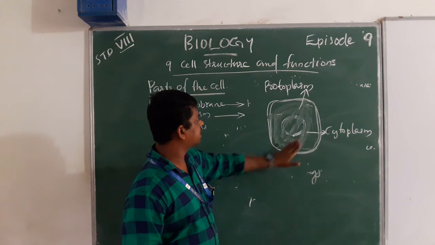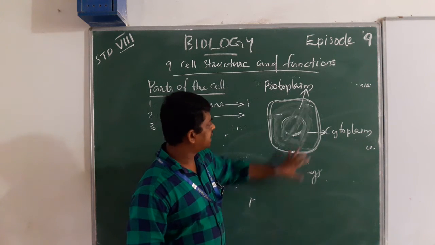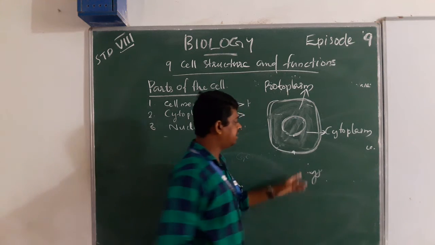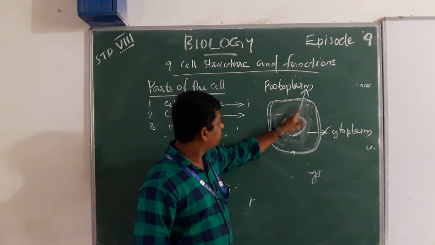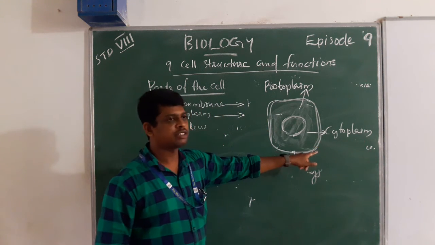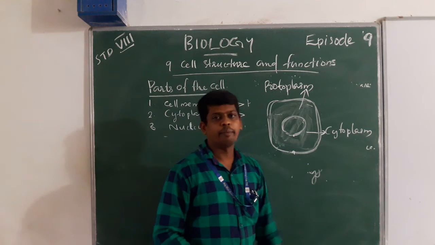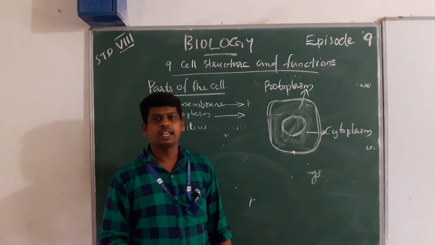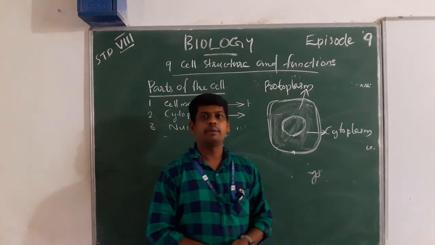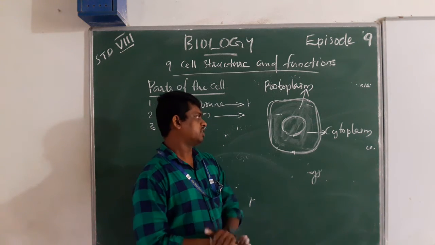The part in between the nuclear membrane and the cell membrane, the fluid matrix part, is known as the cytoplasm. Within the cytoplasm, the cell organelles are mitochondria, Golgi bodies, ribosomes, vacuoles, plastids, etc.